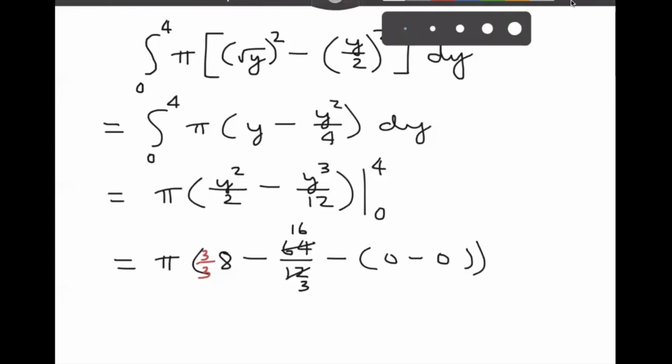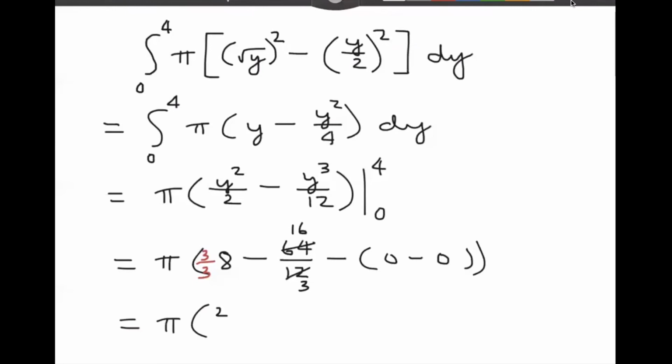All right, we get pi times 24 over 3 minus 16 over 3, which is 8 pi over 3.